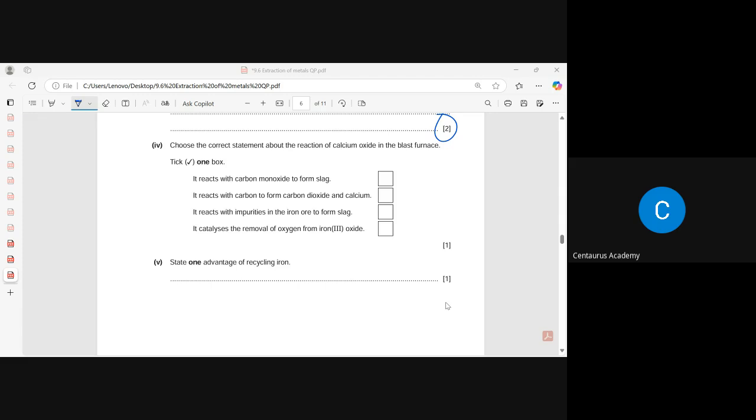What is one advantage of recycling iron? How is it better for the environment?